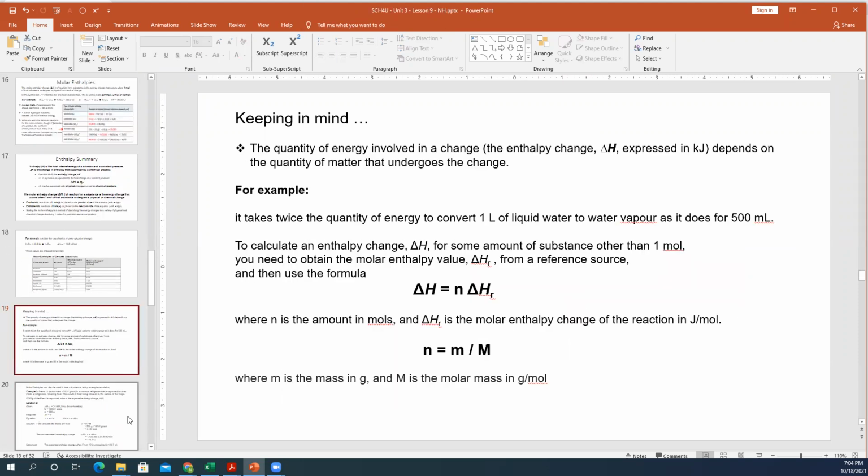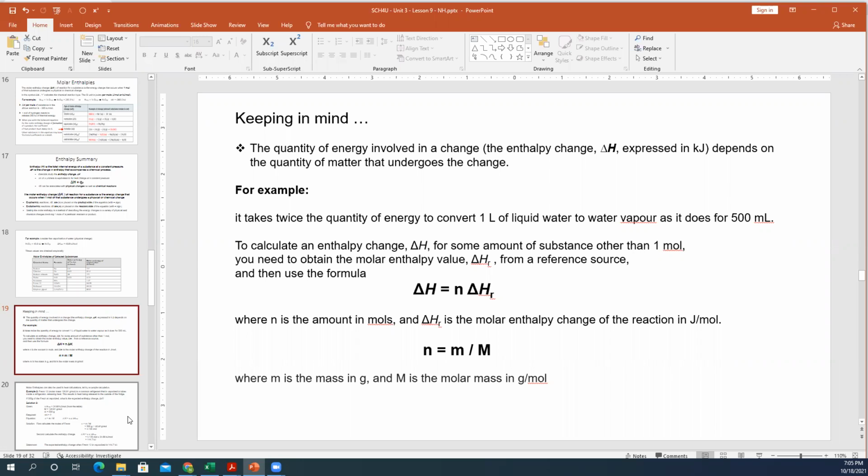So now we just want to keep in mind that the quantity, the amount of energy involved in a change, the enthalpy change, the delta H expressed in kilojoules, depends on the quantity of matter that undergoes the change. So it's important to keep in mind that those two are related together.